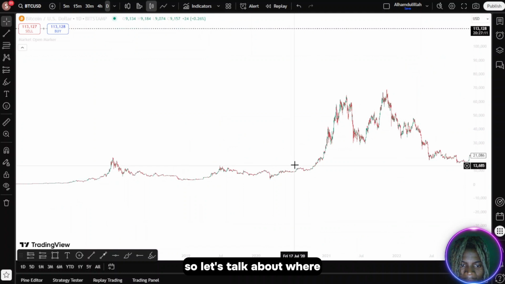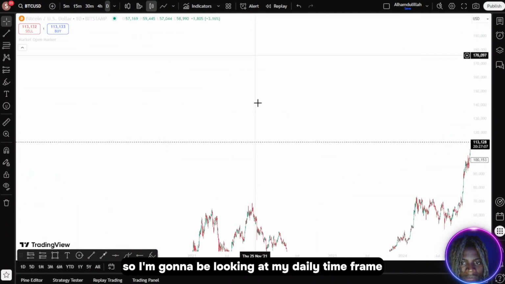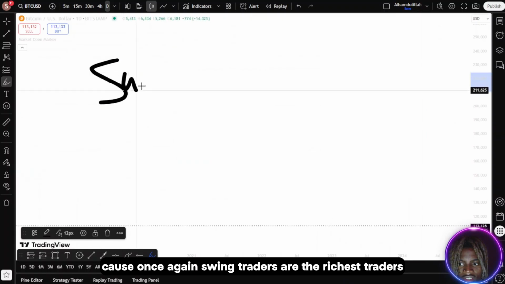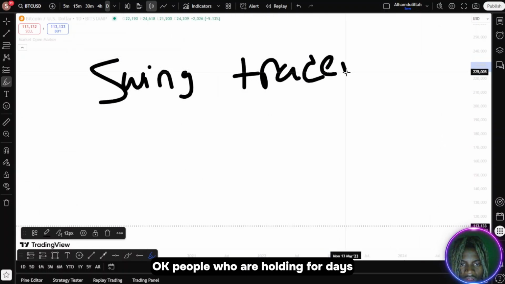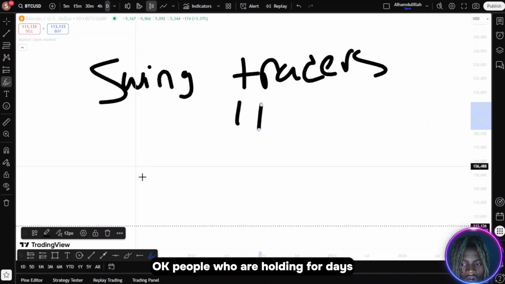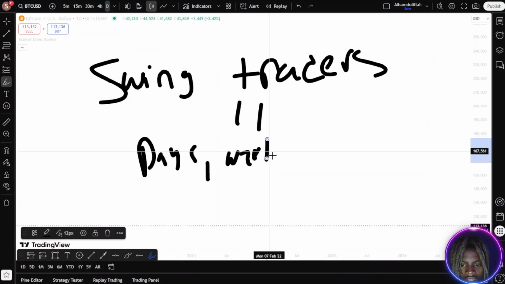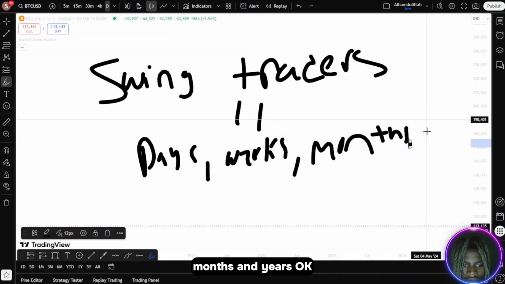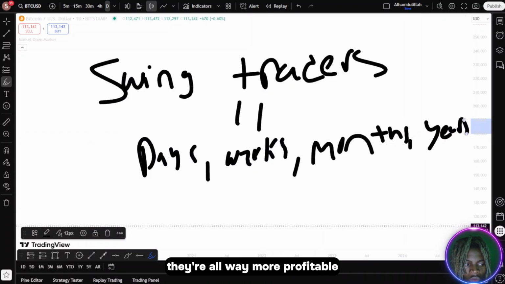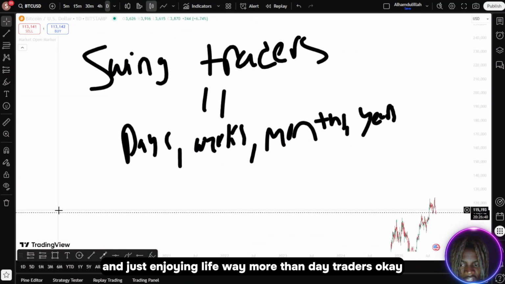So let's talk about where support and resistance comes into that. I'm going to be looking at my daily time frame because once again, swing traders are the richest traders. People who are holding for days, weeks, months, and years are way more profitable, way less stressed, and just enjoying life way more than day traders.